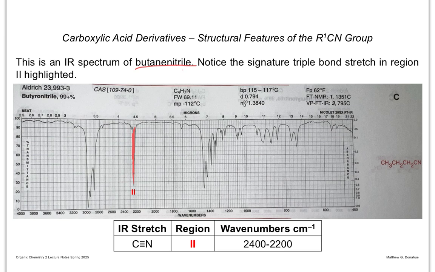So another thing: MS, odd number of nitrogens equals odd parent mass. So the odd parent mass tells you there's an odd number of nitrogens. That's how you can use the IR to say, okay, there's a nitrile. Questions?